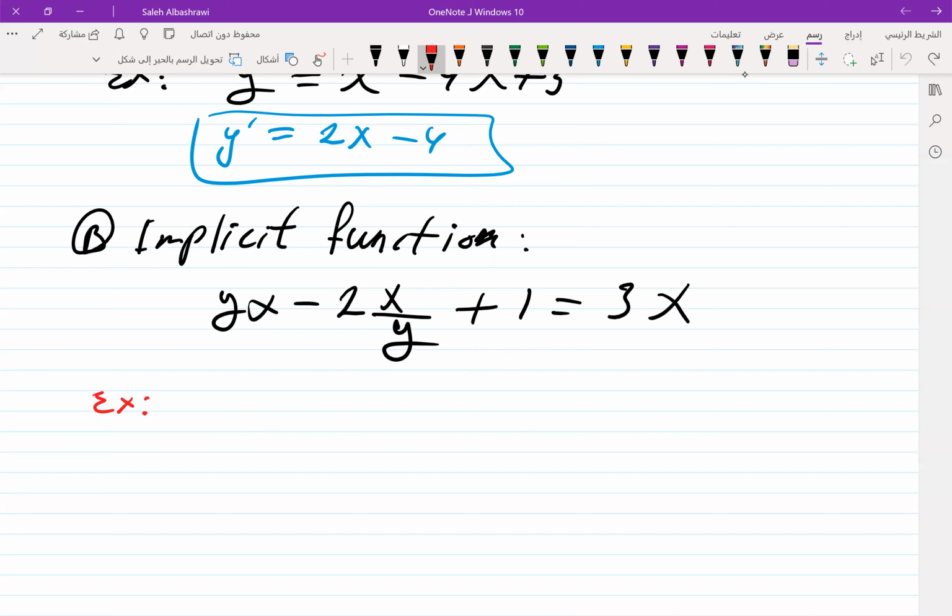Find y prime by using implicit differentiation.